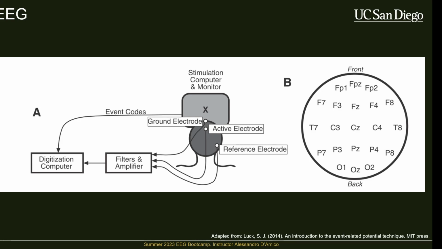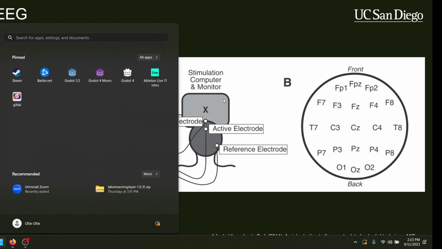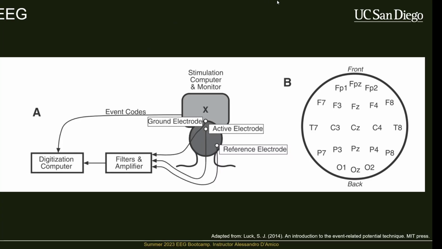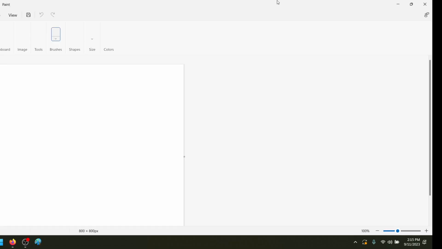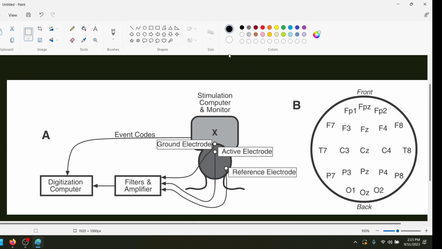Knowing that, you can make your stimuli such that, man, I wish I had, I'm going to go for the classic Microsoft Paint. If I want to synchronize my stimuli correctly, I'll make a little white section of the screen where my stimuli are.